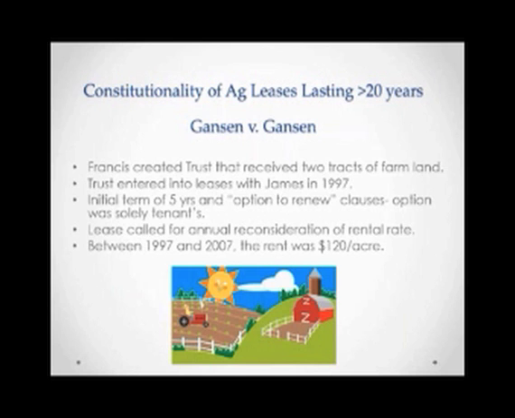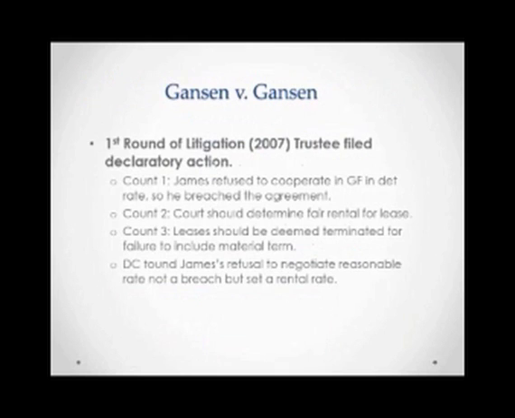Between 1997 and 2007, the rent was $120 per acre, and everything was going fine. The parties were agreeing on the rental rate every year. Then in 2007, a round of litigation starts. The trustee files a declaratory action with 3 counts.